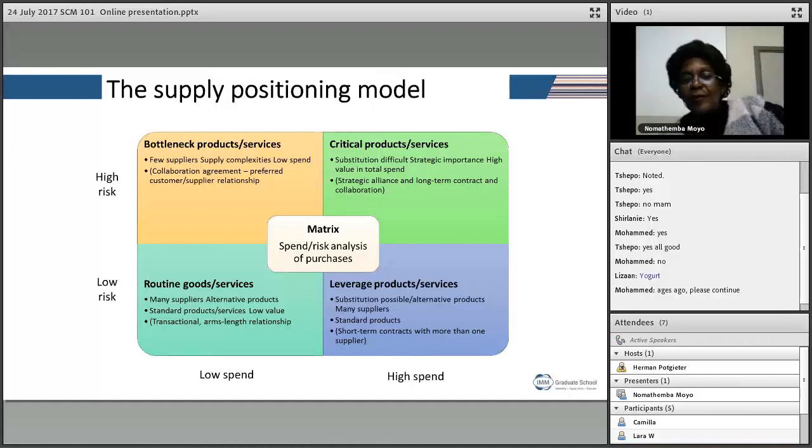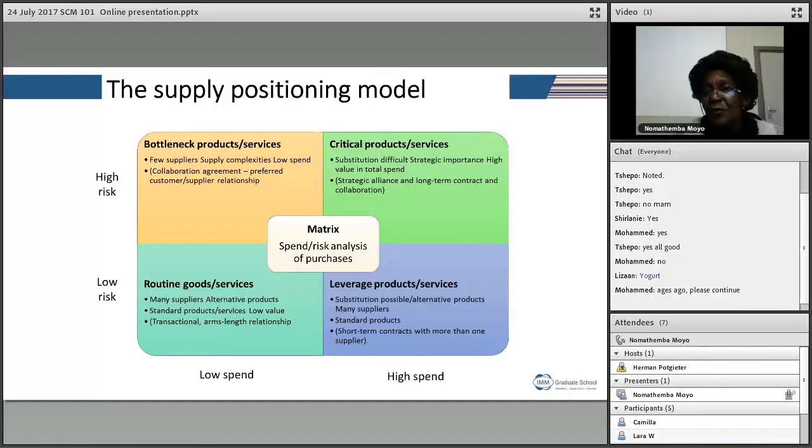Then on the routine products, routine goods and services, like every day we buy bread, you know what I mean? There is low risk, low spend, many suppliers. There are so many alternative substitutes. Standard products and services of low value, transactional.